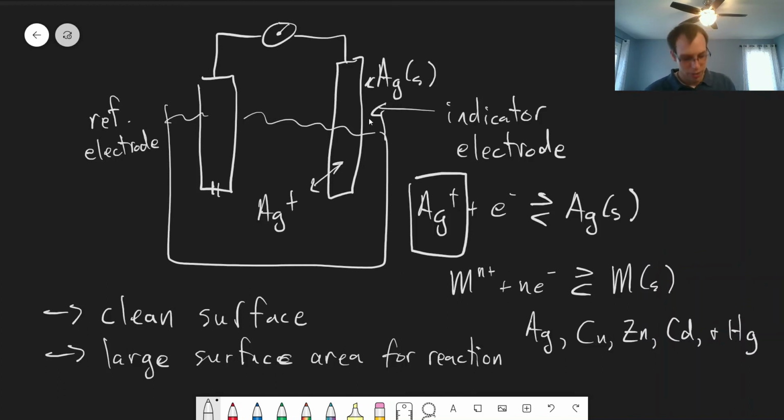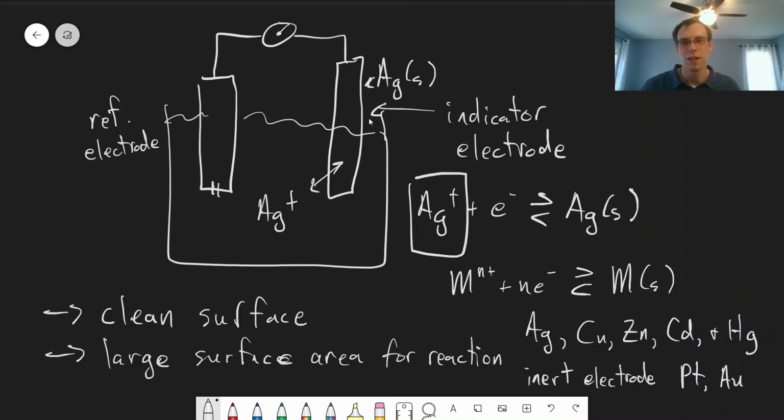And this can also work using inert electrodes, as we've mentioned before. Things that aren't participating in the reaction directly, something like platinum or possibly gold, can be used to do this. And so this is the basic idea, that we have the metal in a solution of its metal ion, and we can measure that potential compared to a reference electrode and figure out the concentration.